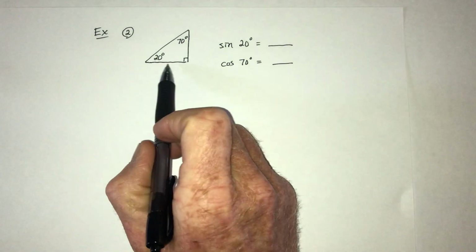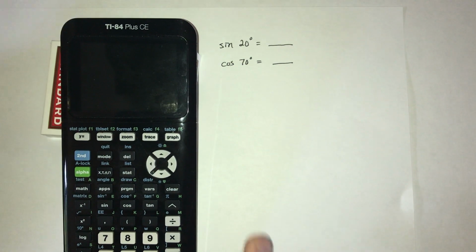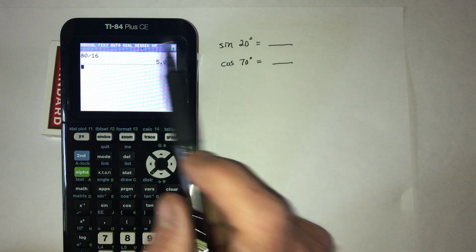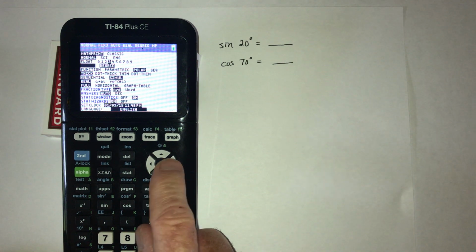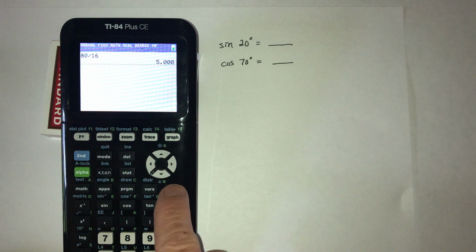So I don't have any sides on here, so I can't just use opposite and adjacent, etc. So instead, we're going to be just using the calculator. Make sure that the calculator is in degrees mode. Otherwise, if it's not, go to mode, change it to degrees, and then hit second quit.